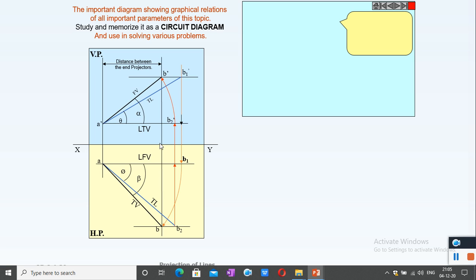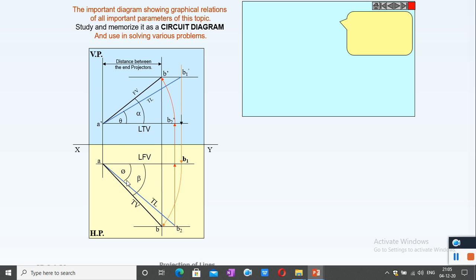The same figure is shown here. A dash, B dash, A dash, B1 dash, B1, AB, A, B2, B2 dash, A dash, B dash. This is on a straight line. This is on a straight line.